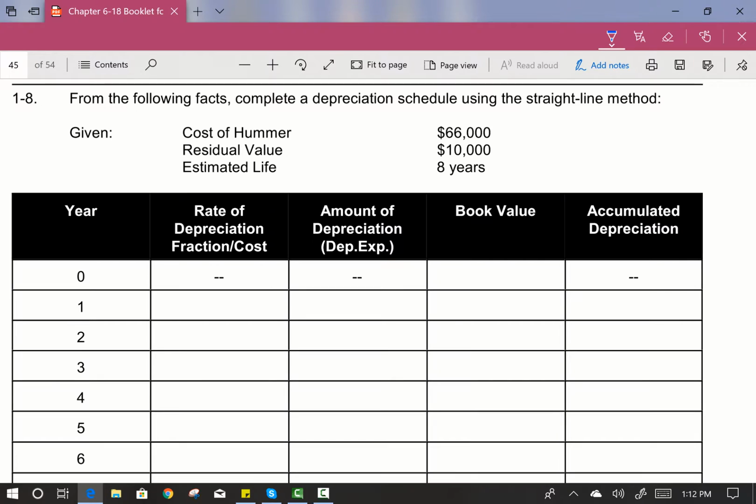So 1 divided by 8 is equal to 0.125 or 12.5%. Okay, so I'm going to put 12.5% for the full 8 years.